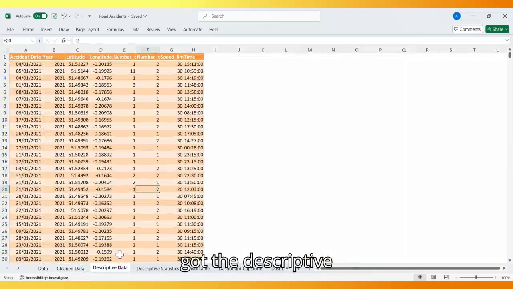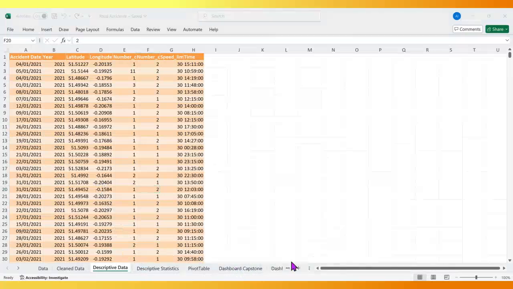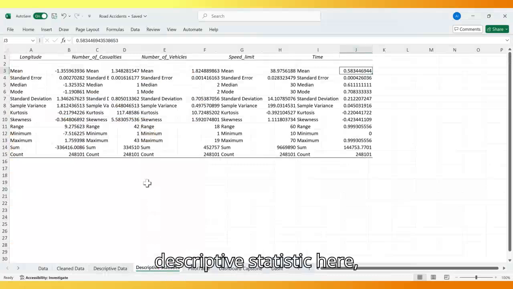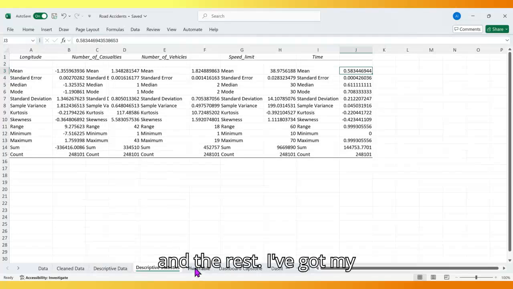I've got the descriptive data selected for descriptive analysis, and here I've got my descriptive statistics detailing our mean, our standard error, median, mode, standard deviation, and the rest.